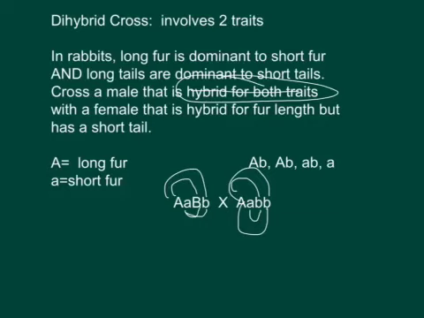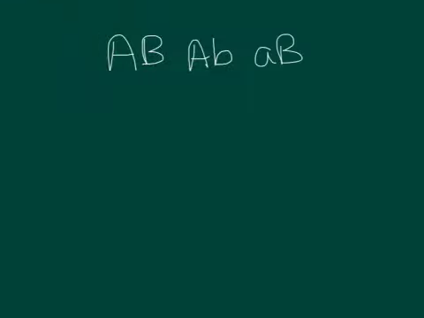Sorry about that. Okay, so if I do my Punnett square, and excuse this for being messy because I don't have my stylus. Going across the top is going to be capital A, capital B, capital A, little b, little a, capital B, and little a, little b.